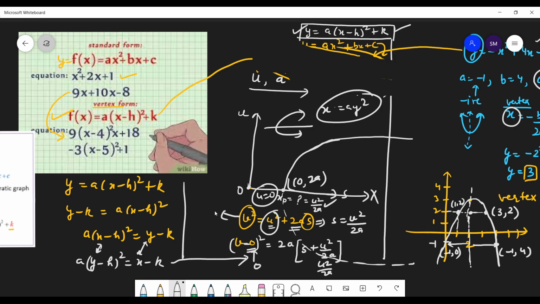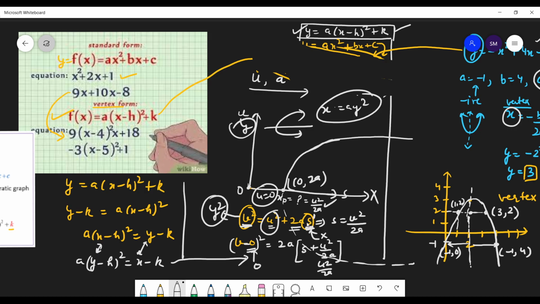Because you can see y square, isn't it? This y is plotted here, and y is squared, and x is linear. So it will be symmetric about this linear, meaning degree 1.